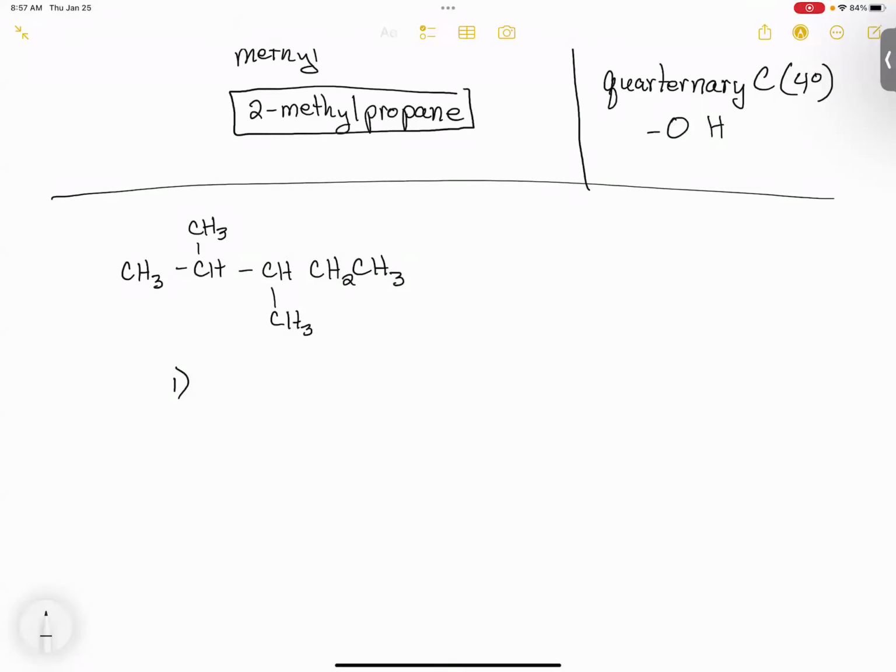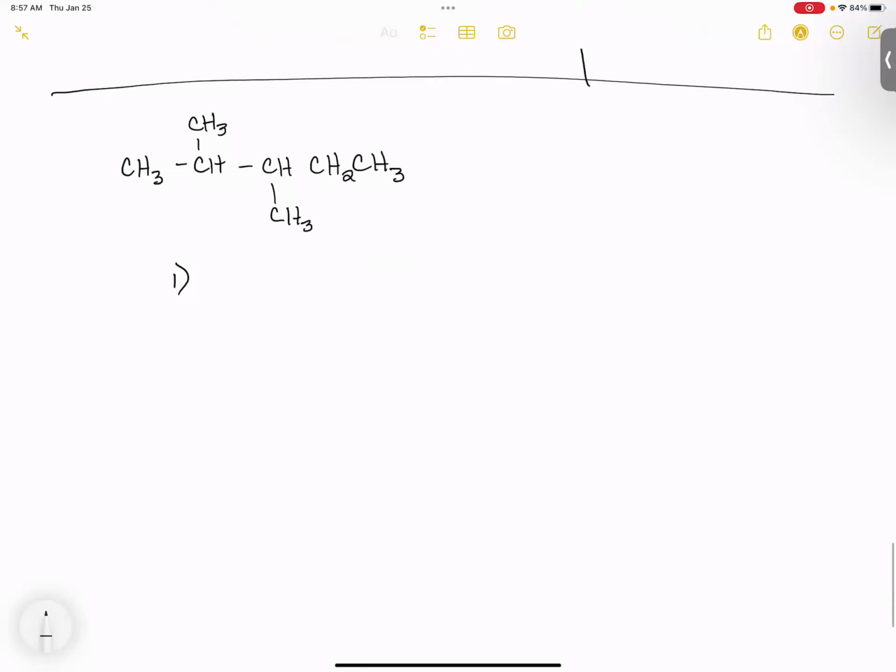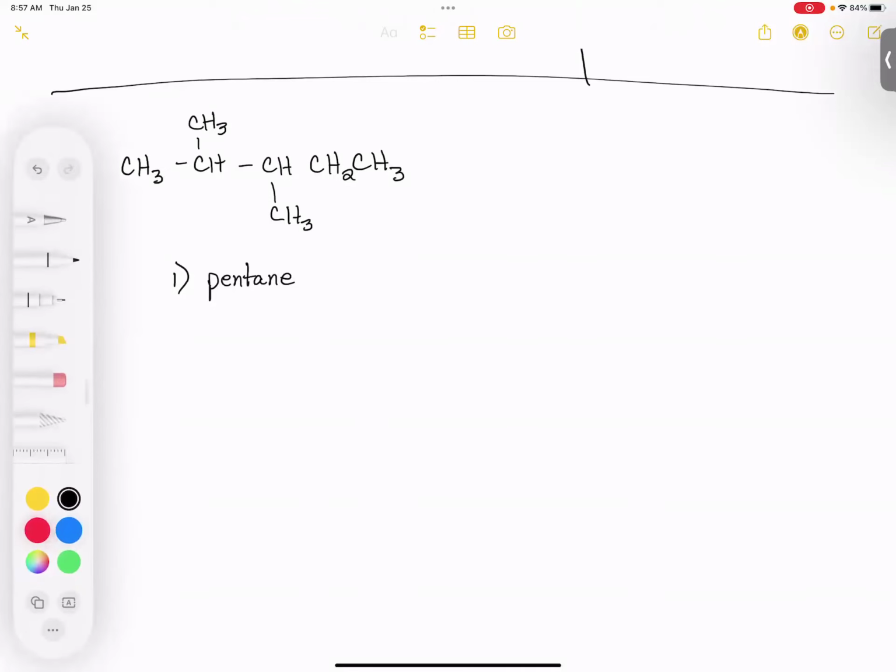Anybody want to tell me what the longest chain was? Pentane, with its 5 carbons.